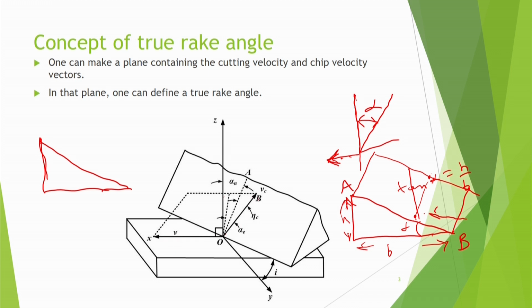In that plane, if there are two points O and B, when I go from O to B, how much do I go in the horizontal direction and how much in the vertical direction?